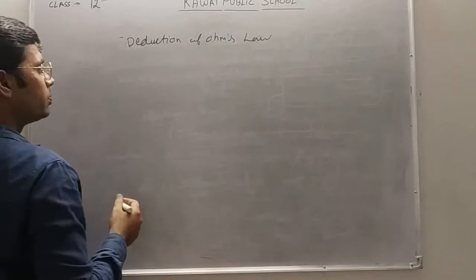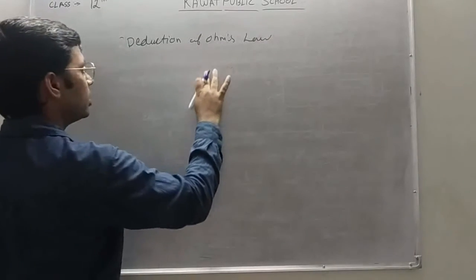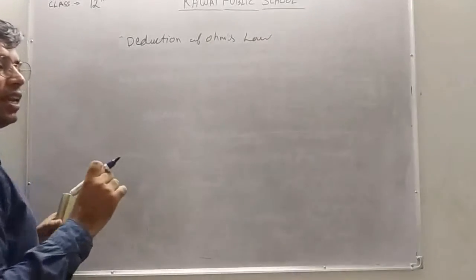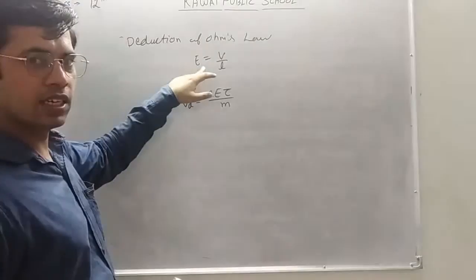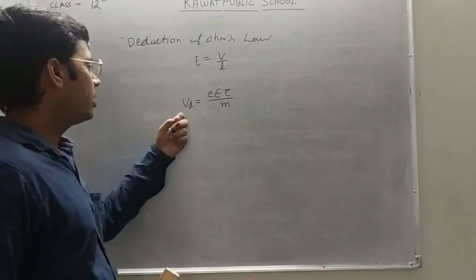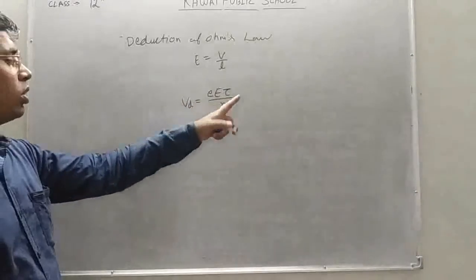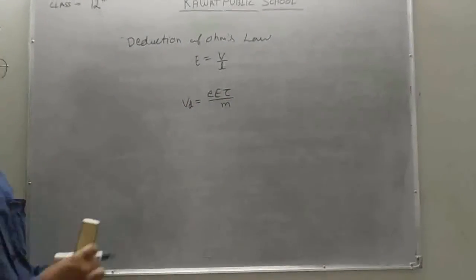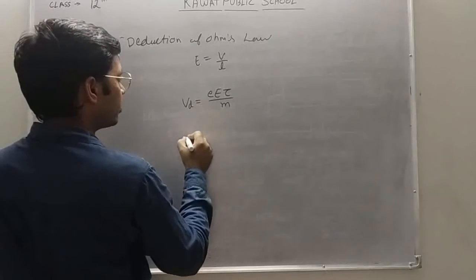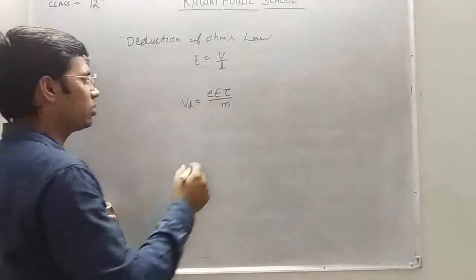Now, one concept we will be using is the relation of potential and electric field. We studied this in the second chapter: E equals V divided by L, and vd equals eEtau divided by m. This small e is the charge of a single electron, capital E is the applied electric field, tau is the relaxation time, and m is the mass of the electron.